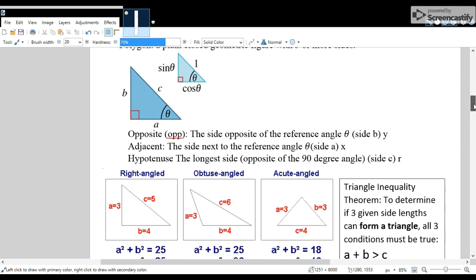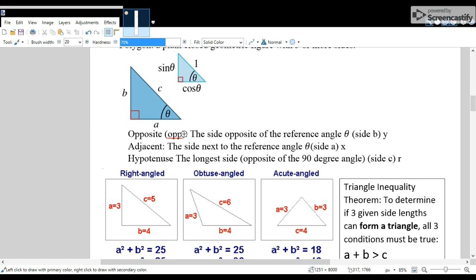On the next page, you have some triangles here, A, B, and C. You can also say cosine, sine, and 1. Your reference angle is called theta. So we're going to name each of these sides. A and B are also known as legs, and C is the hypotenuse.